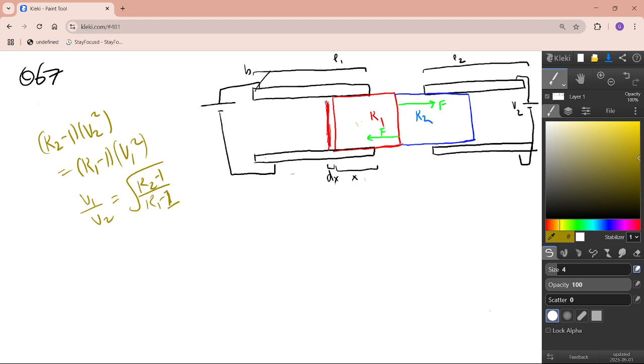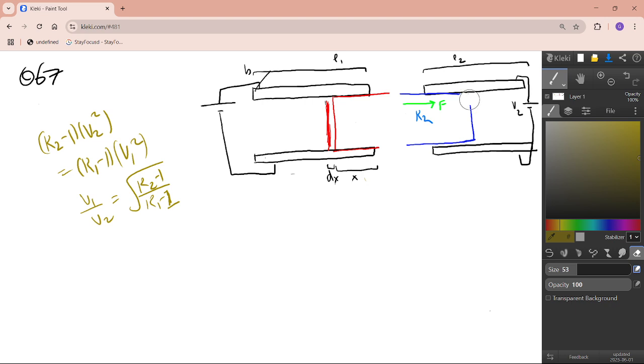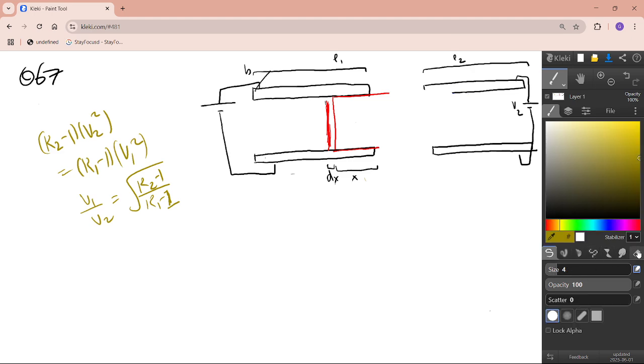Let's say this K2 jumps and comes here. This was not part of the initial plan. It's basically improvisation, so let's see if something works out. If it works out, then it's okay.